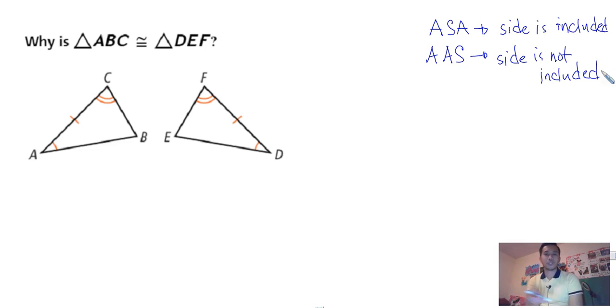In this criteria, you only need two angles and one side to be congruent so that you could tell that the two triangles are congruent. Now, let's take a look at triangle ABC and compare it to the corresponding parts of triangle DEF.